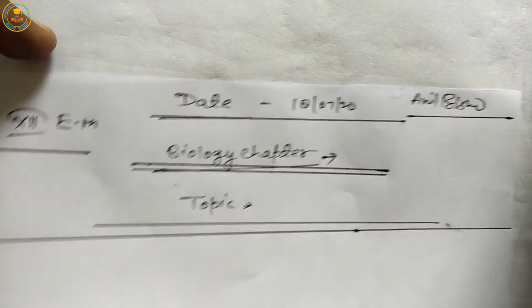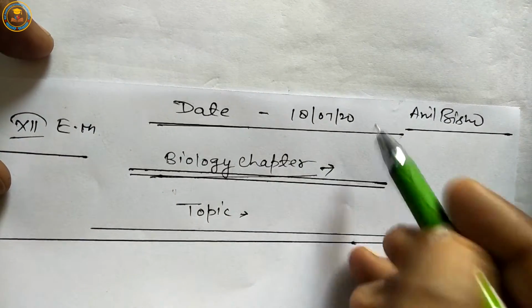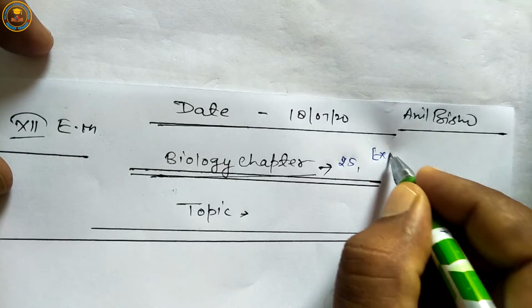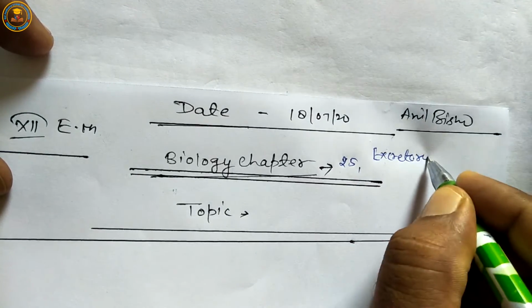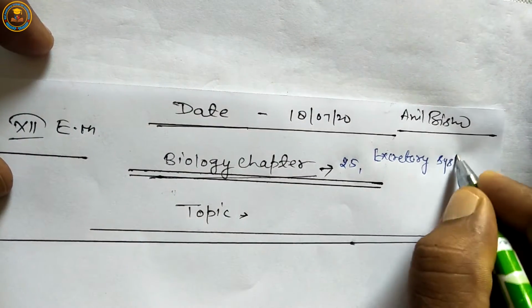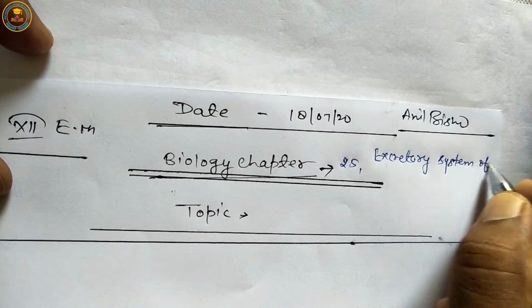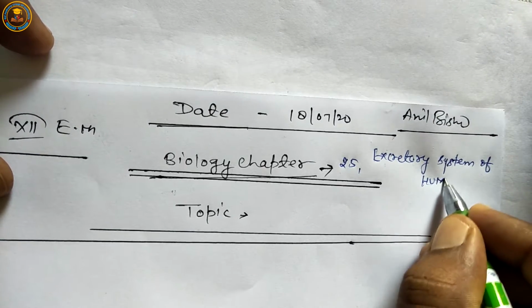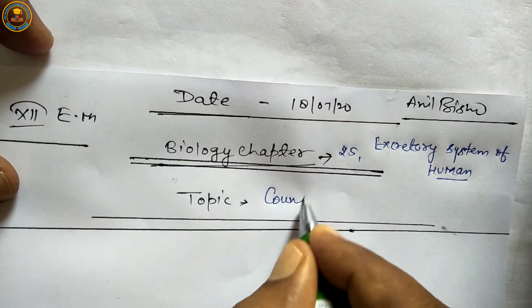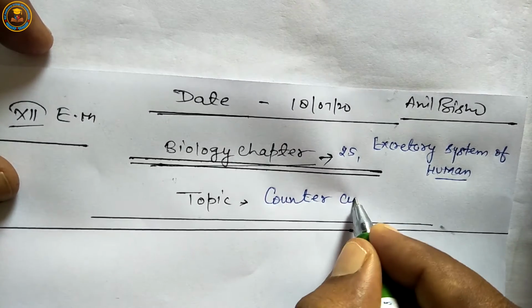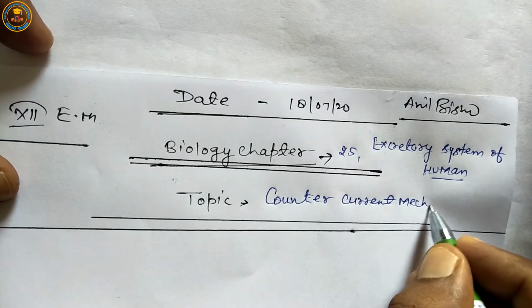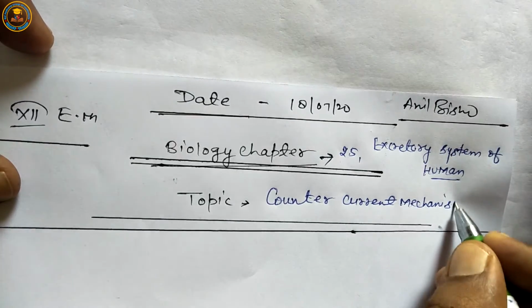Today we are going to discuss class 12th biology chapter 25, Excretory system of human, and today's topic is counter current mechanism.